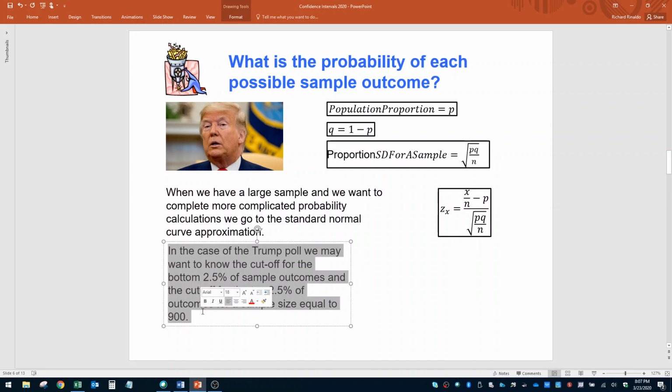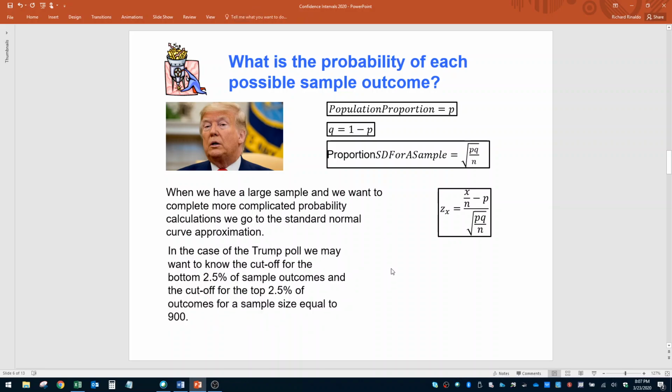So I want the cutoff for the bottom 2.5%, which would be the 2.5th percentile, and I also want the cutoff for the top 2.5%, which would be the 97.5th percentile. So my metric is going to tell me what the outliers are in terms of possible poll outcomes for the bottom 2.5%.